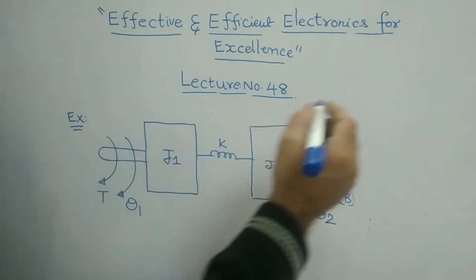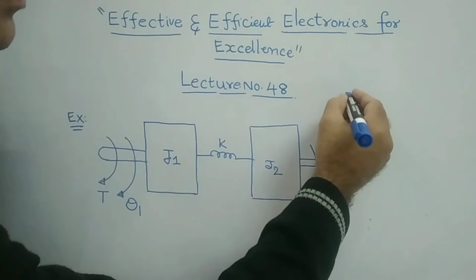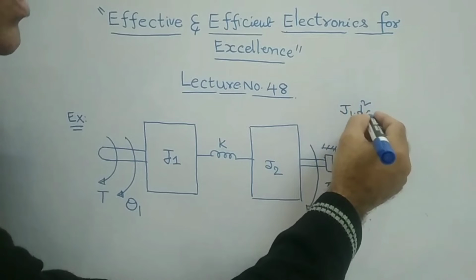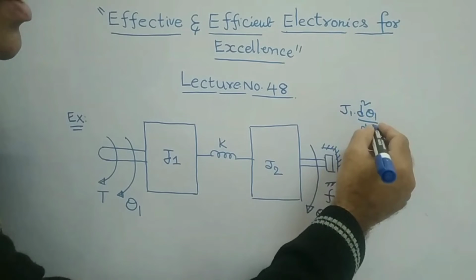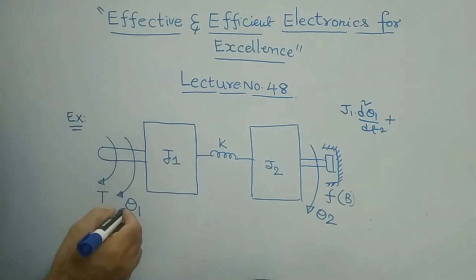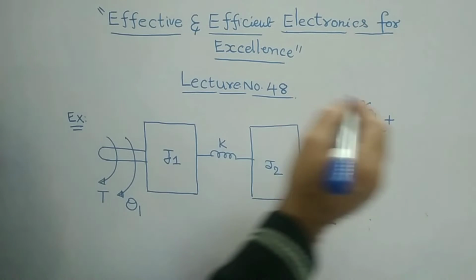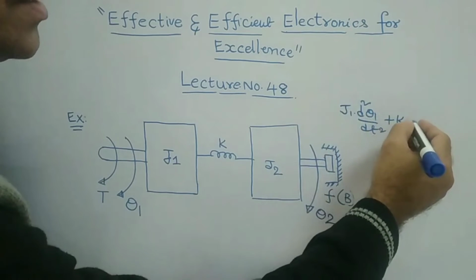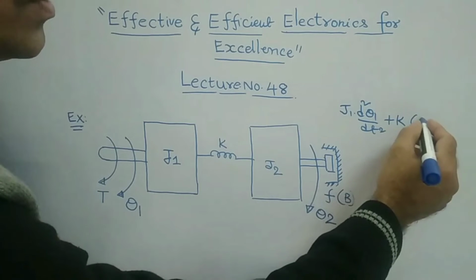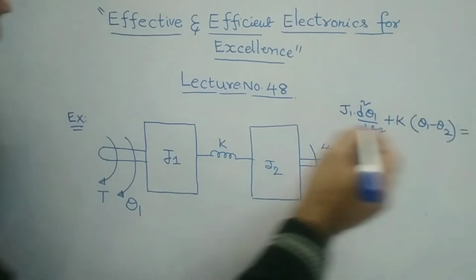So with respect to block J1, I am writing it as J1 into d square theta 1 by dt square, plus k, which is the common factor, into theta 1 minus theta 2, the angular displacement, is equal to the torque.